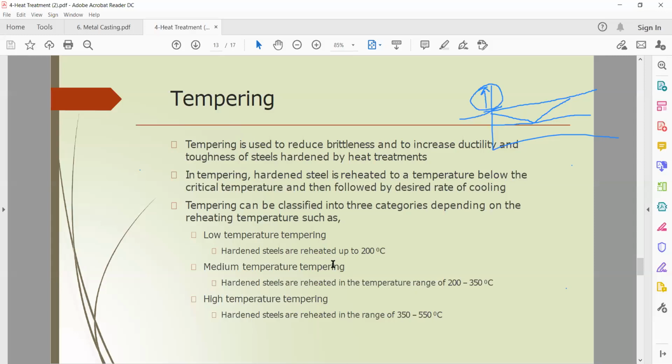Right, so why do you need this tempering process, as I discussed earlier? Because a hardened material is a brittle material, so you need to reduce the brittleness of that metal. Therefore you need this tempering process according to your engineering application purposes.